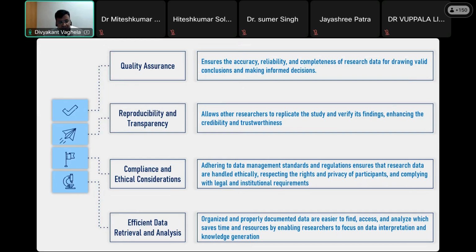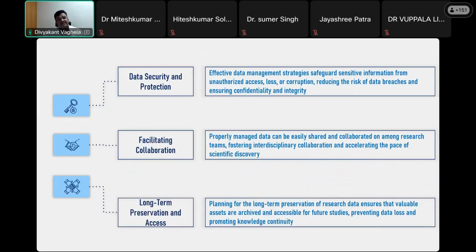Long-term preservation and access. This part will also be covered in the data management plan. So I'm moving further. It will also help in long-term preservation and access.